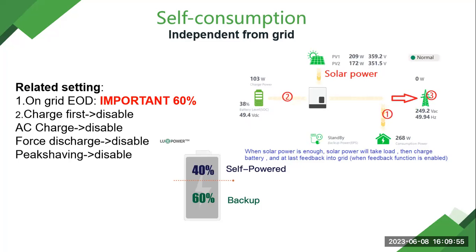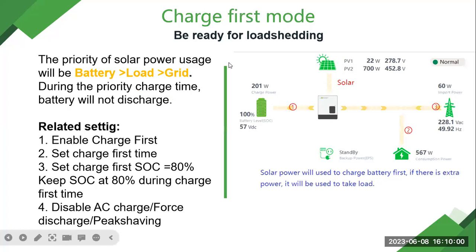The second one is charge first. Charge first, you can understand it as the words. For self-consumption, solar will be used to take the load first. However, when you enable charge first, the solar power will be used to charge the battery first.